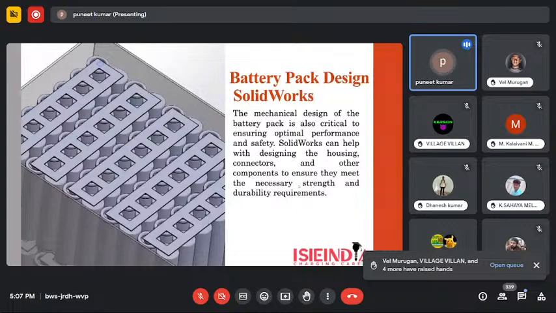So SolidWorks helps us in efficiently optimizing our performance in terms of volume as well as in terms of the range, right? So you can see how we are connecting these top parts. If you can see my cursor, these top parts are the connecting points.